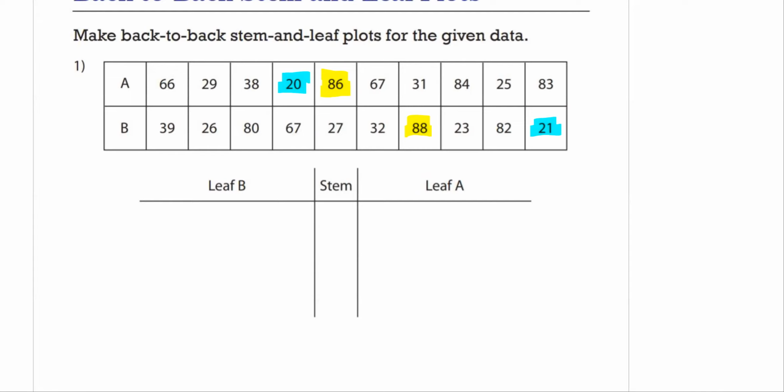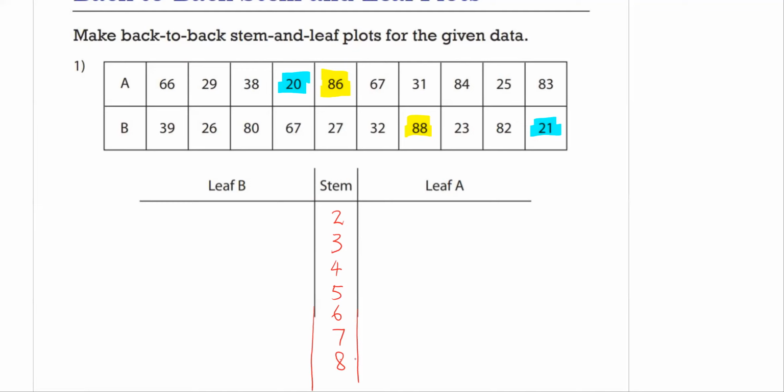So for me today, I will just need to cover the 20s up to the 80s. So that is what we're going to put into the stem part, starting with 2 for numbers in the 20s, 3 for numbers in the 30s, and you'll just keep continuing until you have reached the 80s.